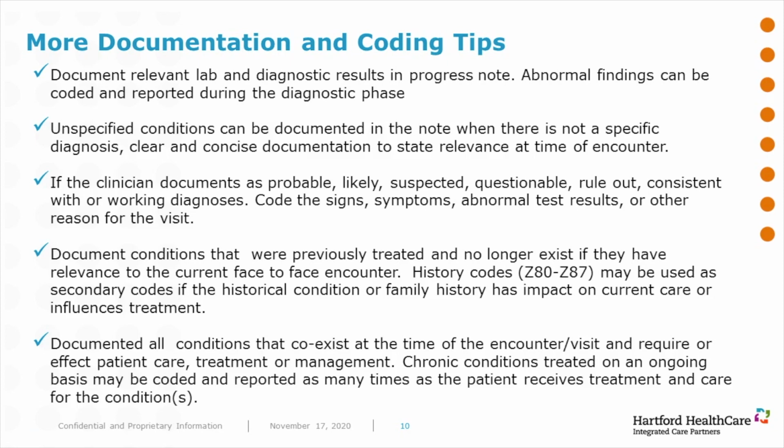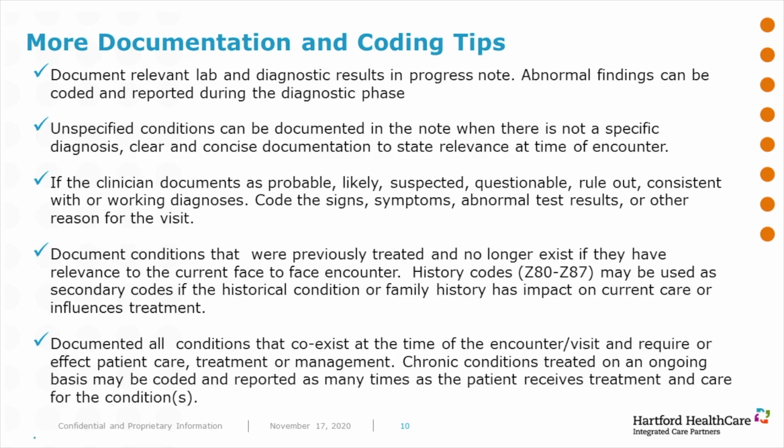Document conditions that were previously treated and no longer exist if they have relevance to the current encounter. History codes may be utilized as secondary codes if the condition is historical or family history, has impact on the current care, or influences treatment.